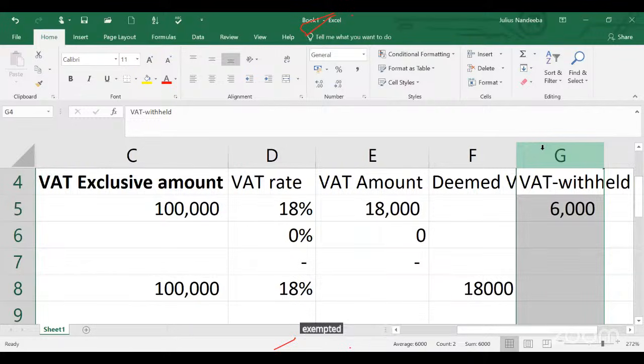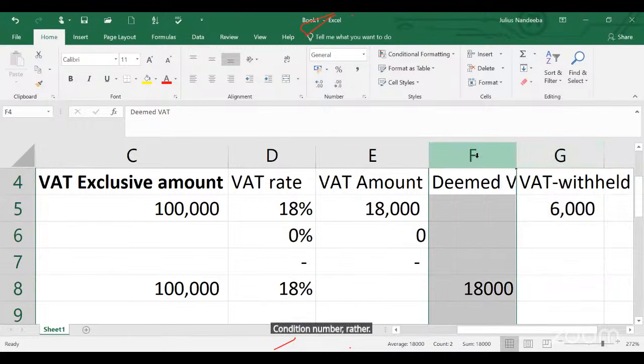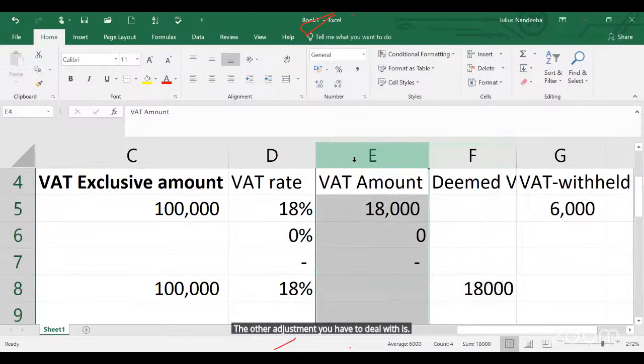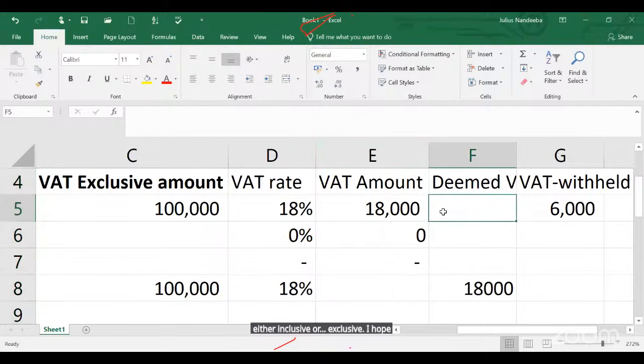If I am exempted, then they cannot withhold from me. The other adjustment you like to see in your sales is deemed VAT, which I've explained. The other adjustment you have to deal with is either inclusive or exclusive. I hope you've understood this.